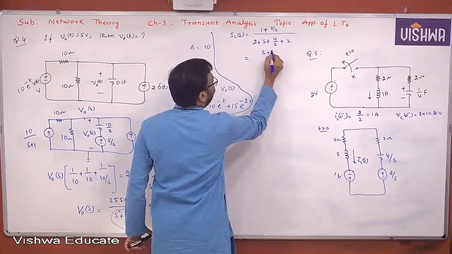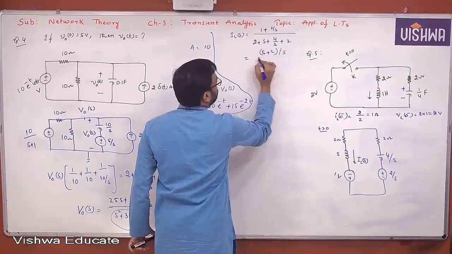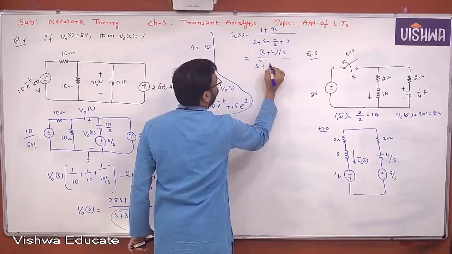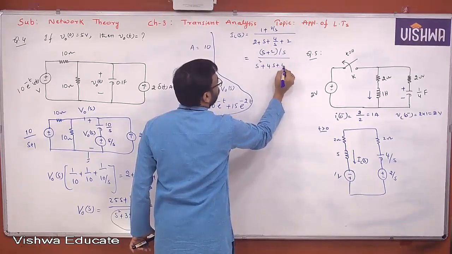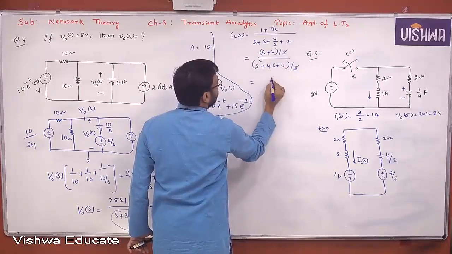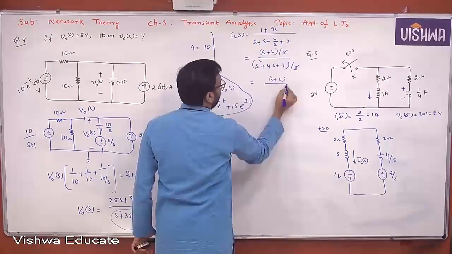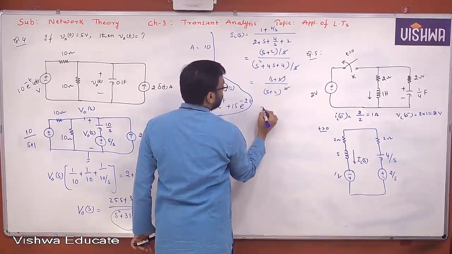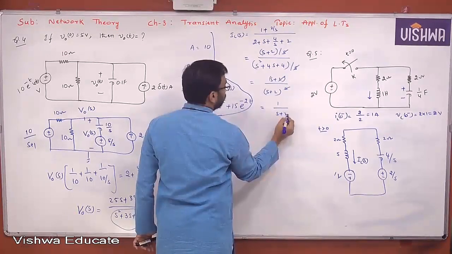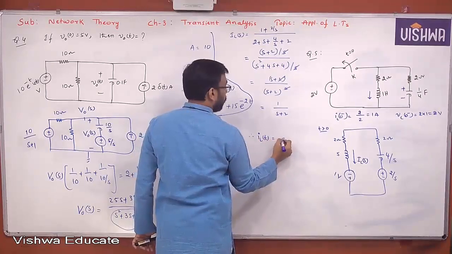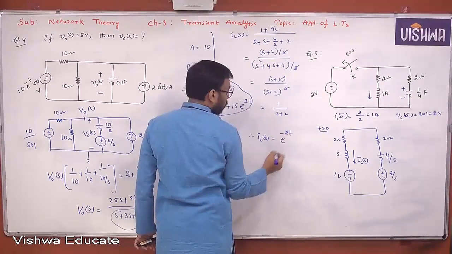S plus 2 by S, S square, 2 plus 2, 4, 4S plus 4 by S. S gets cancelled. S plus 2 by S plus 2 whole square cancels. 1 by S plus 2. Therefore, IL of t will become e power minus 2t.